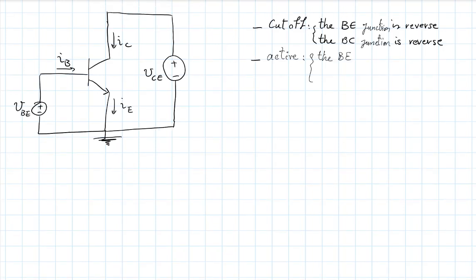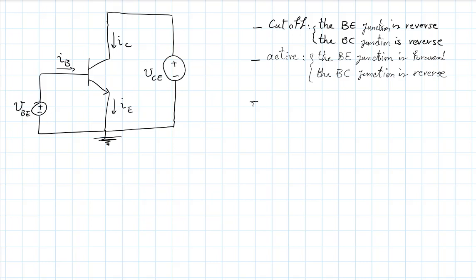In the active mode, the BE junction is on, and this is what we saw last time, is forward or on. The BC junction is still reverse. And that's the counterintuitive part, which one can appreciate only once one studies the physics.